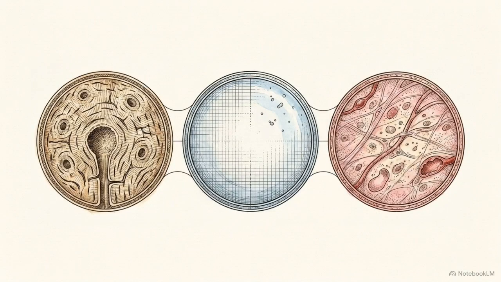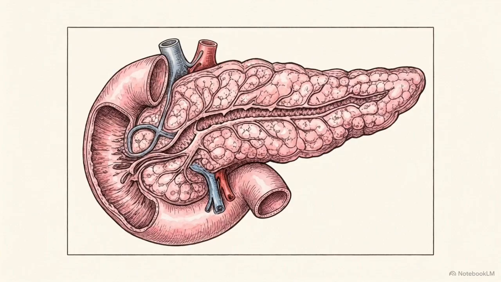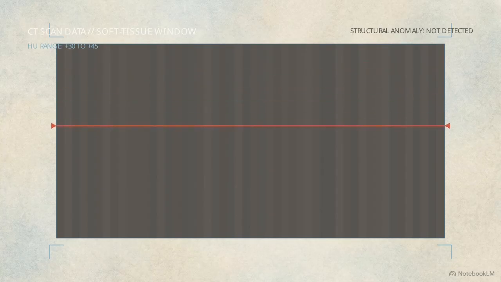Distinct biological materials have strict Hounsfield unit signatures. Dense bone registers highly positive values, air measures as deeply negative, and soft tissues like the pancreas hover in a narrow neutral range. The human eye has notoriously poor contrast sensitivity when forced to differentiate between dozens of nearly identical shades of gray within that narrow soft tissue range.